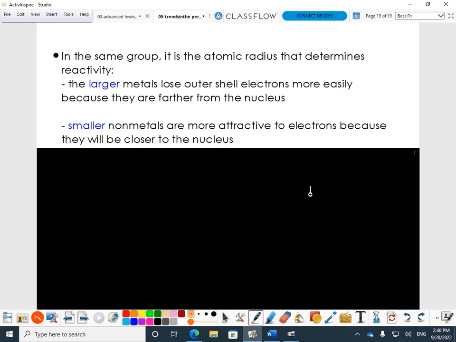Again, it depends whether it's a metal or a non-metal. But also, it is sort of logical as well. If you have a larger metal, then it's going to be easier to lose electrons. If you have a smaller, because non-metals gain, when it's smaller, then the nuclei is more attractive.